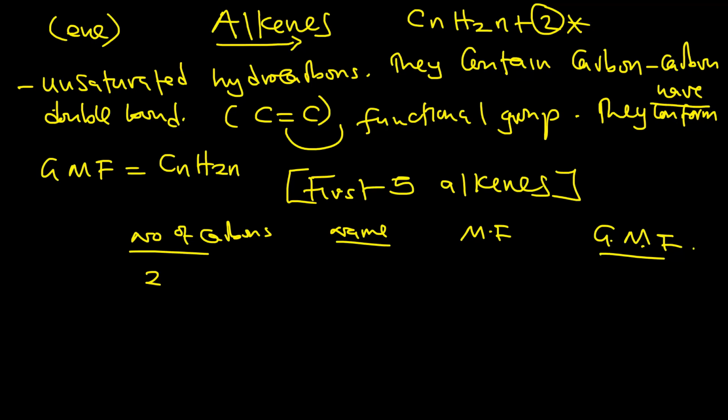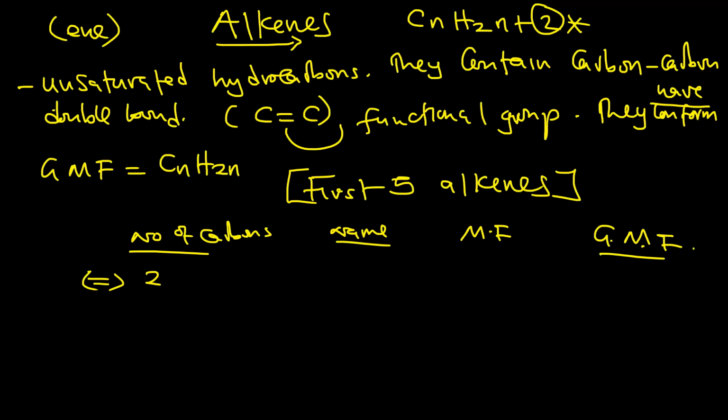There's no alkene with 1 carbon, so there's no methene. They only start with 2. And this is very important. Sometimes they'll ask you to give the name or draw the structure of an alkene that is third in the series. So third in the series is not propene, but instead is butene.